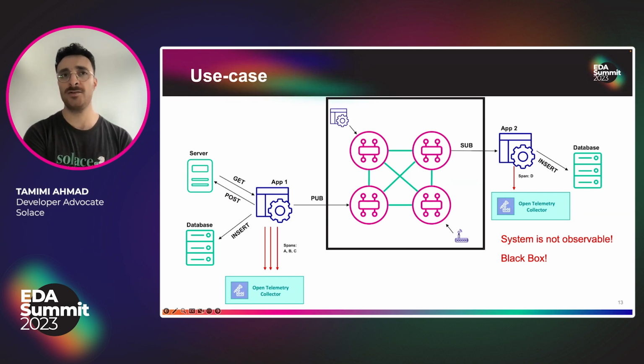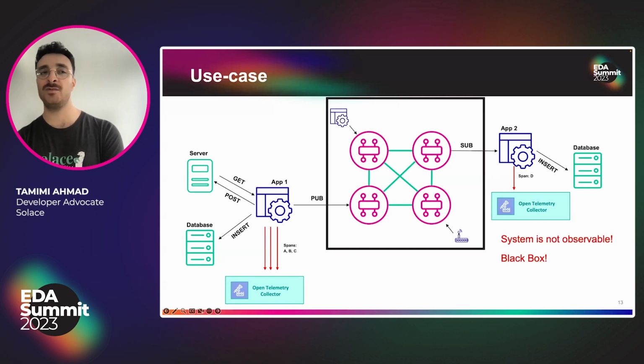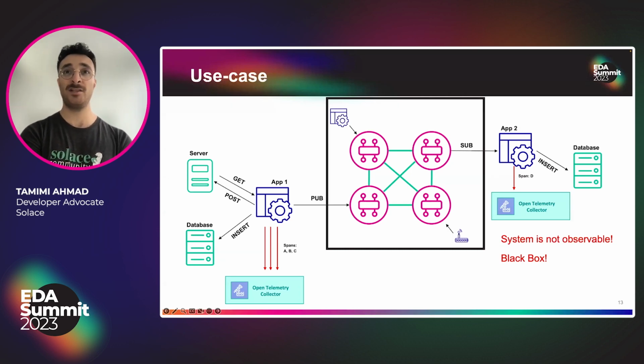A common use case, for example, is say that you have an e-commerce system or in a retail environment where app 1 is kind of your front end, and you have somebody coming in to put some information in a cart. And then there are some interactions with servers, interactions with a database to check the inventory. But there are also some other microservices or other information that are happening behind the scenes.